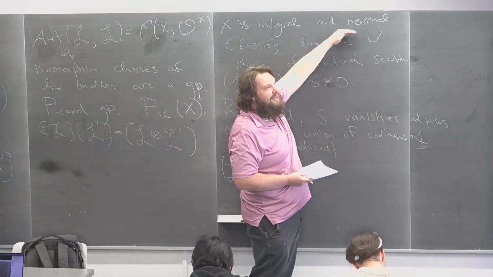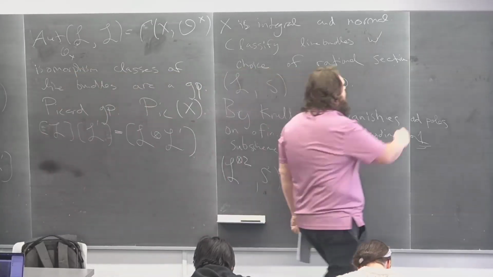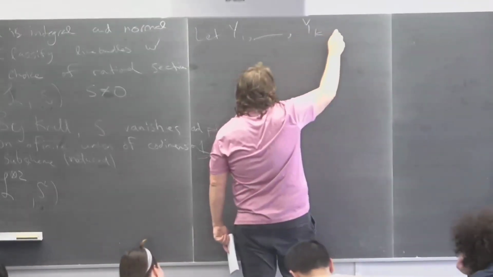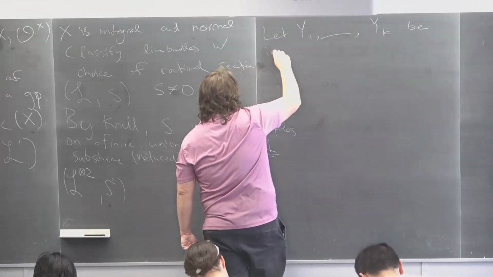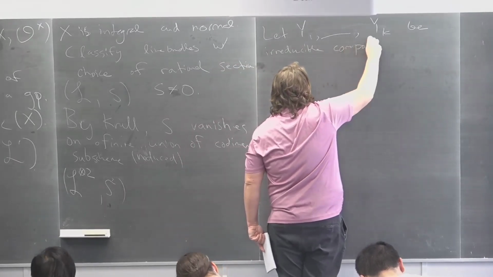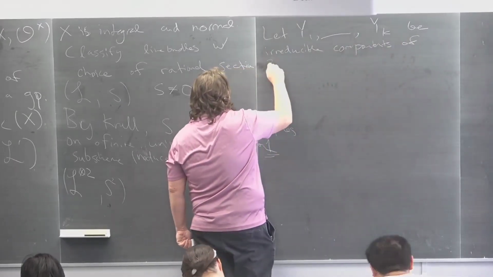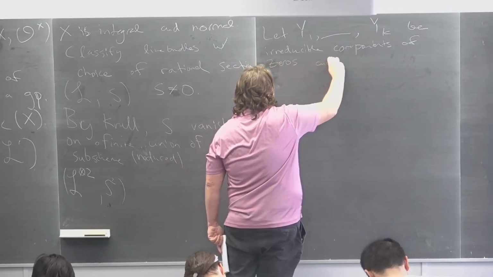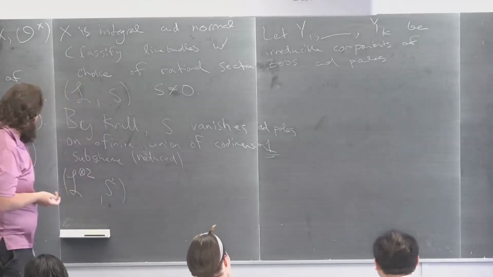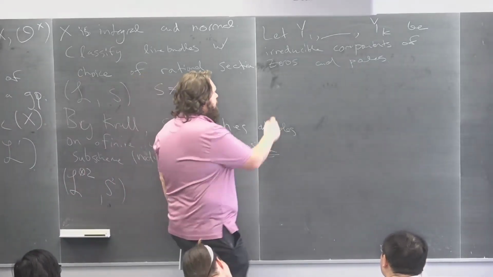I go back and I say, there's a hint here in the fact that I assumed that things are normal. So let y1 up through yk be the irreducible components. Zeros and poles. Well, then I can look at the generic point of each of these components.